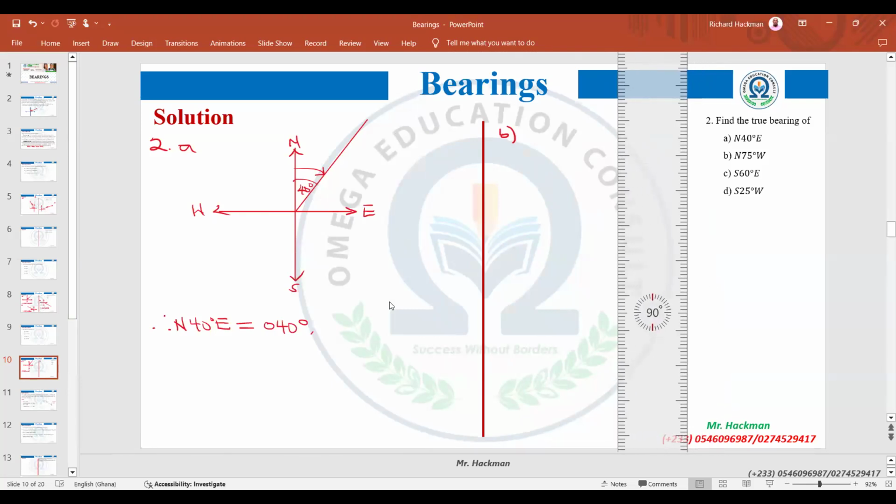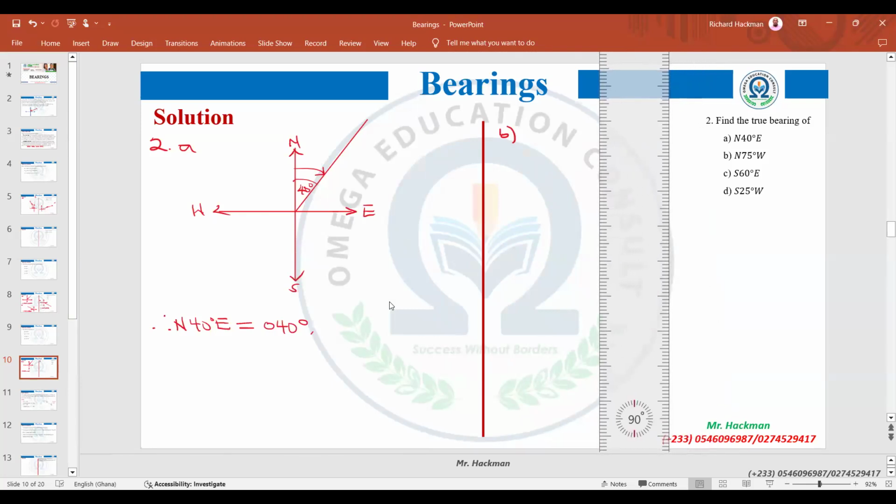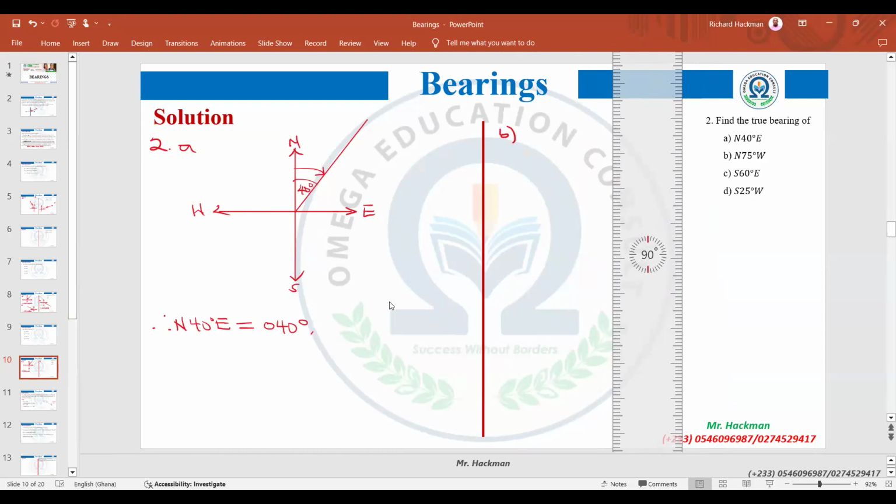So now let's see, 75. I'm looking at north 75 west. The line that I'm going to draw must be between the north and west. However, I will know my angle will be measured from the north in that west direction. So let me equally do that here.